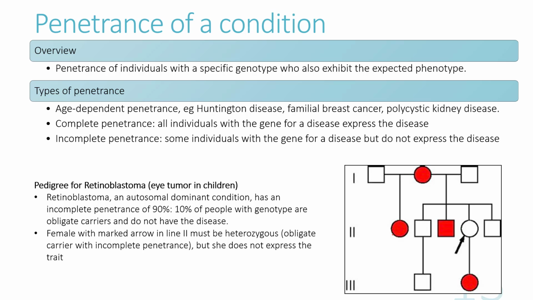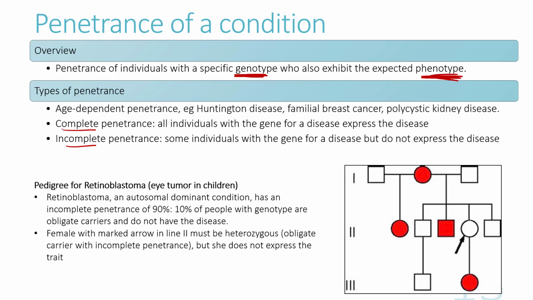A couple of other things. So penetrance. Penetrance is basically someone who has the genotype and has the phenotype, right? A condition can have either complete or incomplete penetrance.